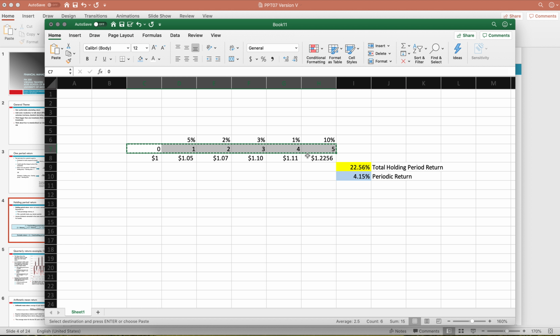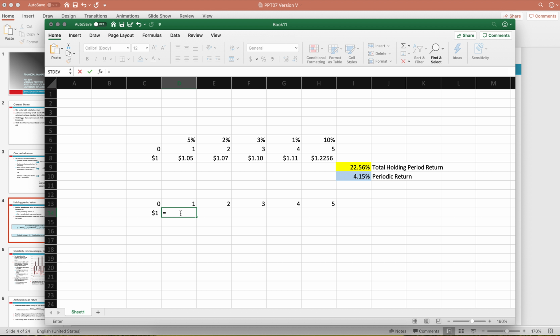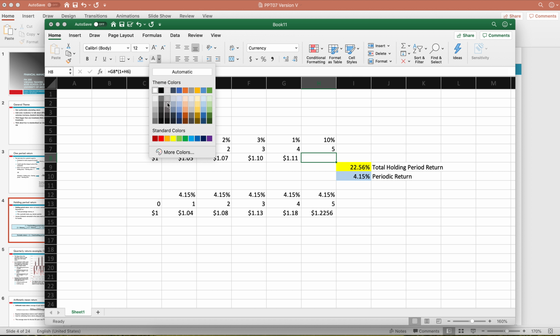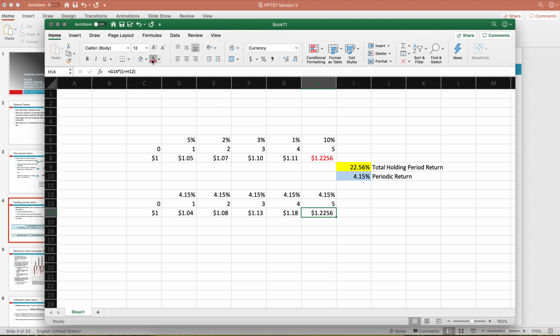And what's neat about this periodic return is that we can see if we have a dollar and we do, let's see how to do this. Notice that these two are exactly the same.